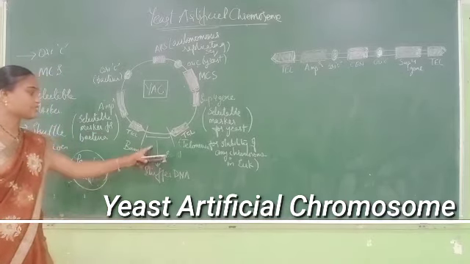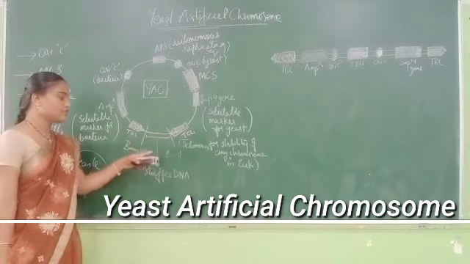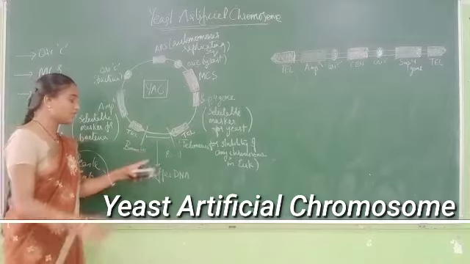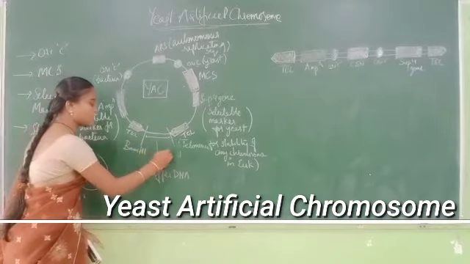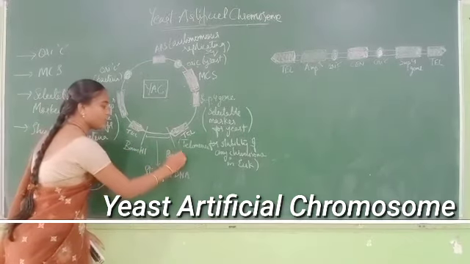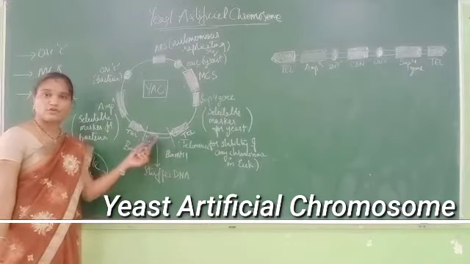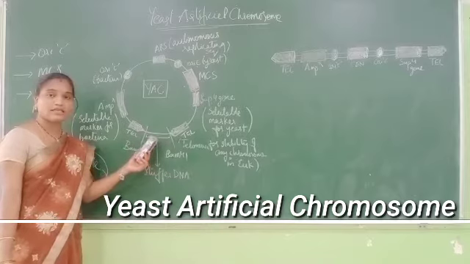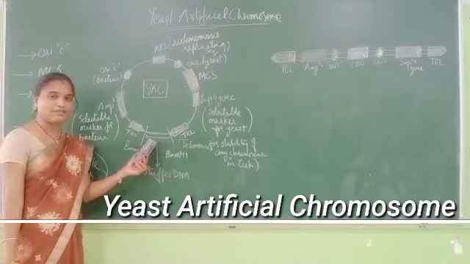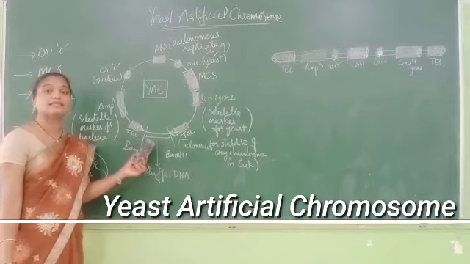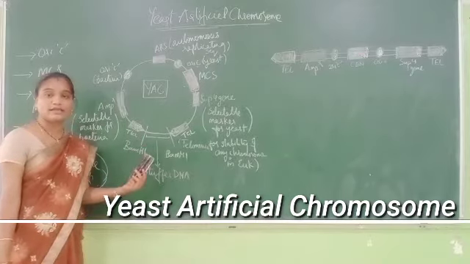So next, it has another feature: it can be easily cleaved with BamH1 endonuclease. Besides your telomeric sequence, this YAC has this feature that it can be easily cleaved with BamH1 endonuclease.